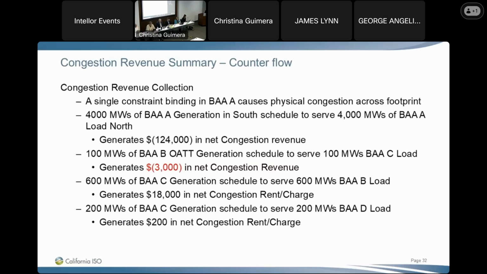It's still generating $124,000 of congestion revenue. In BAB, I have 100 megawatts of OAT generation that is serving 100 megawatts of load in BAC. That's generating $3,000 of congestion revenue.